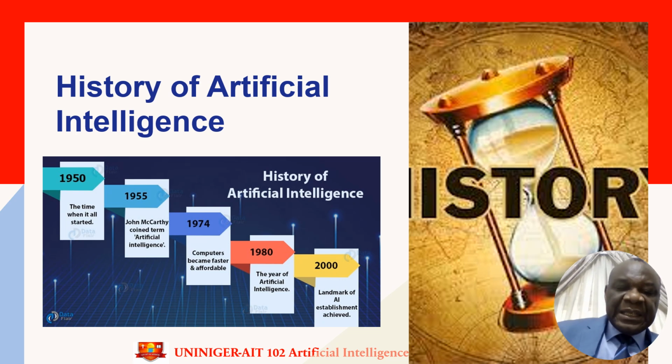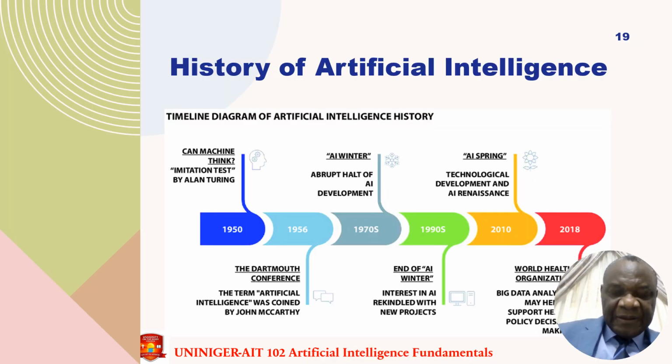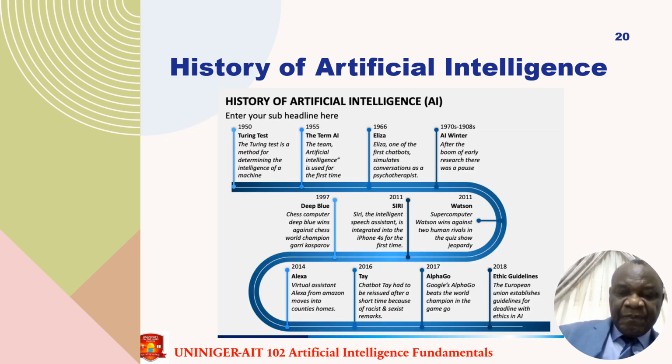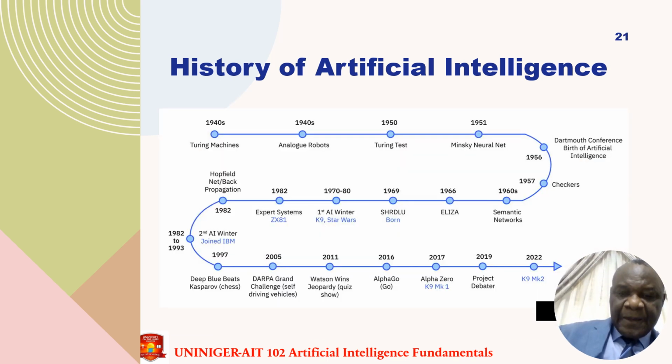We're going to look at the history of artificial intelligence. Many people have written their own history from their own perspectives. This is from ResearchGate. This is from other sources. And this is from IBM.